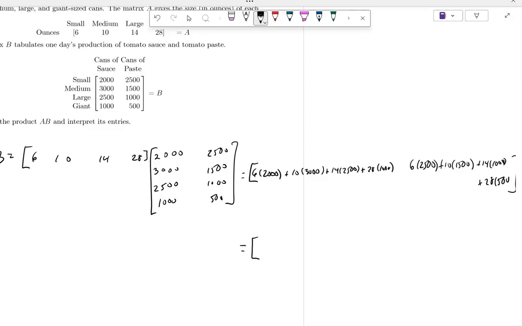So then we can simplify this. What do we get? 40.